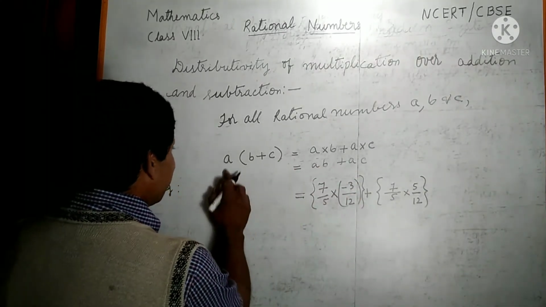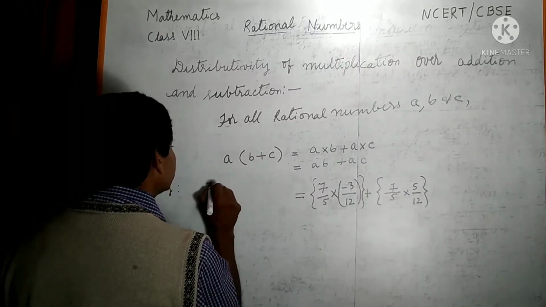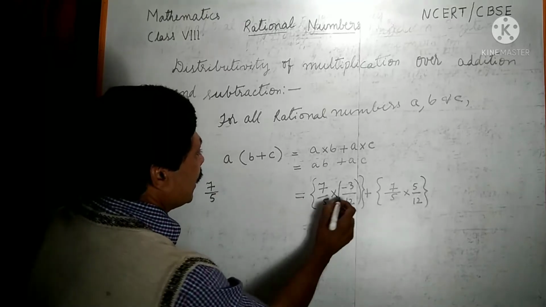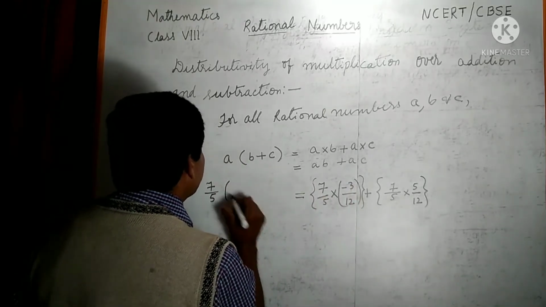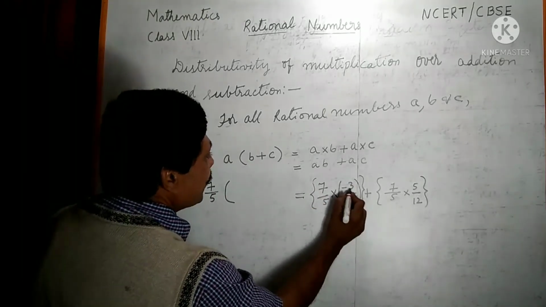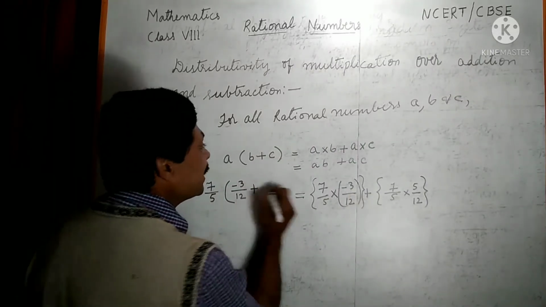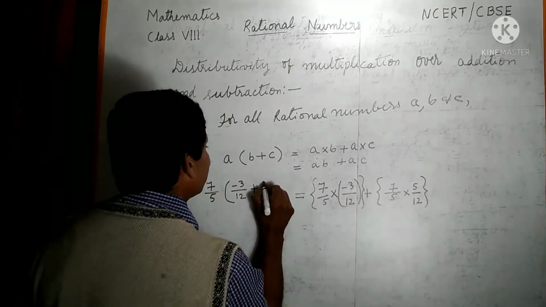Now let us write here a is 7 by 5 into b is minus 3 by 12 plus c is 5 by 12.